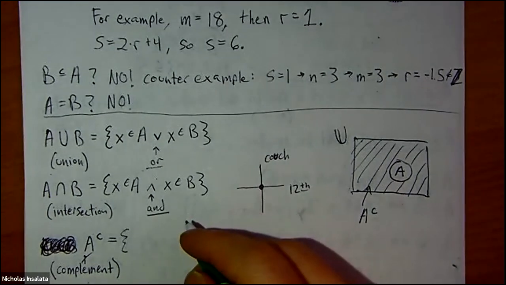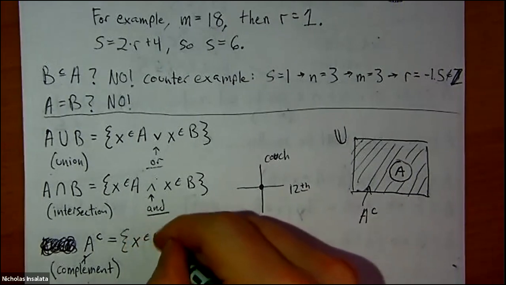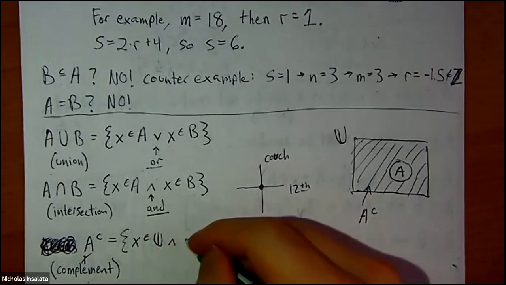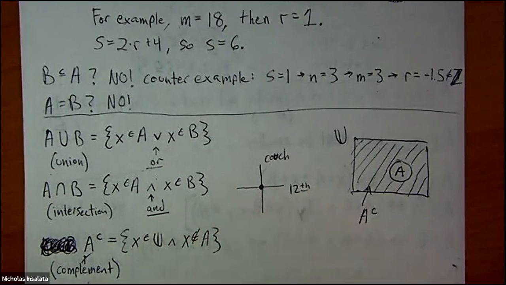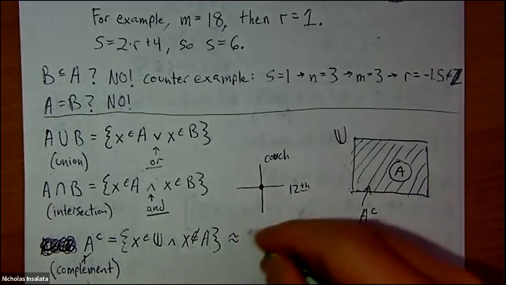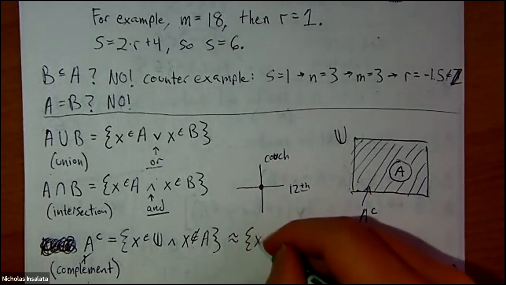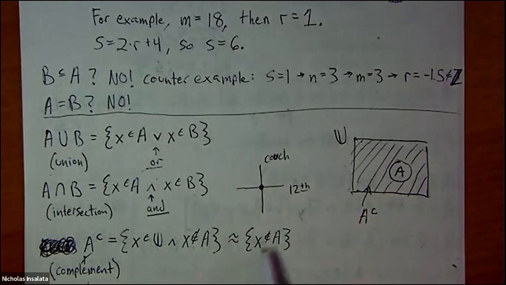X belongs to U, but not A. So X is an element of U and X is not an element of A. You could say this a little shorter. This is kind of the same thing as just saying the set of all X that are not in A. But it is helpful to have this idea of a universe, right?